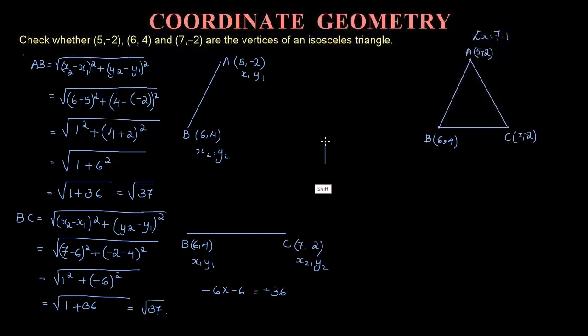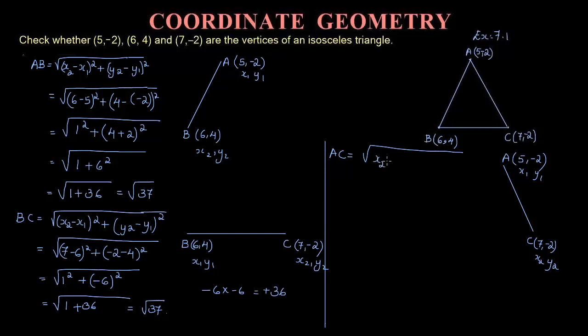So let us draw a line here, and then we will just find out AC, which is remaining part. So I am writing the coordinate of A: 5, minus 2. Then here we have C, the coordinate of C is 7, minus 2, right? So let it be x1 y1, this one x2 y2, right? Now we'll find out AC. AC is equal to square root of x2 minus x1 the whole square plus y2 minus y1 the whole square, right?